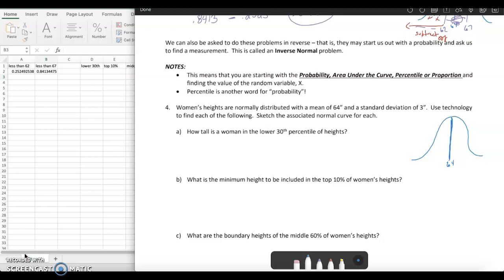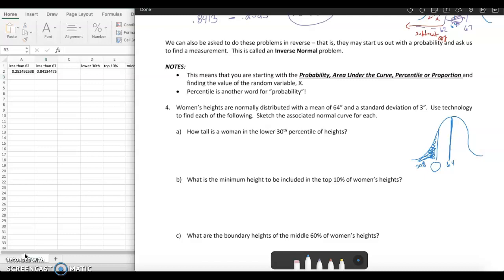So I know without doing any calculations, it's somewhere to the left of 64 inches. I'm looking for the value so that below it is shaded 30%. To be in the lower 30th percentile of height means that only 30% of people are shorter than you.